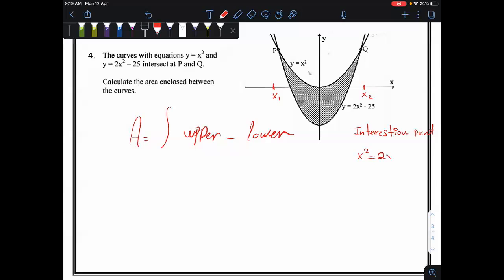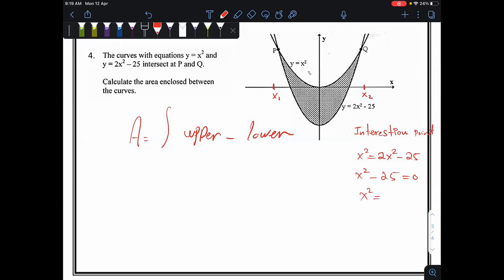x squared equals minus 2x squared plus 25. Some people use shift solve and get one value. No. It becomes x squared minus 25 equals 0, by subtracting x squared from both sides.